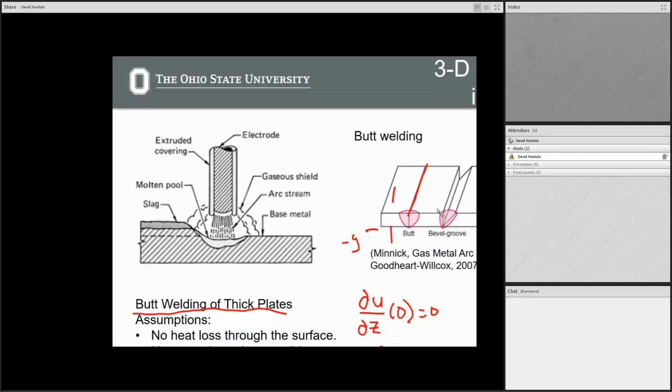If you have that case, there's not a lot of area for heat to flow, right? So if convection at the surface is not very large compared to conduction, then every amount of heat that goes into this weld has to stay in the material. There's no way for the heat to be exhausted or sent out.